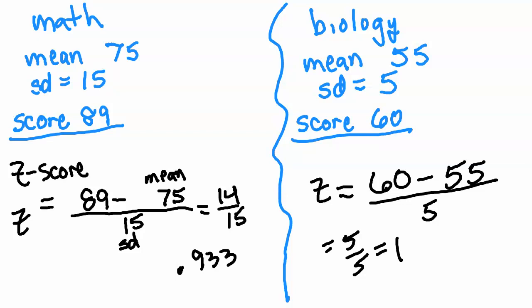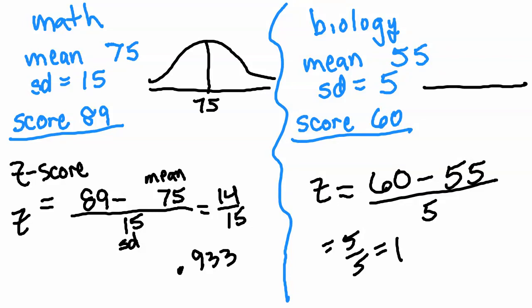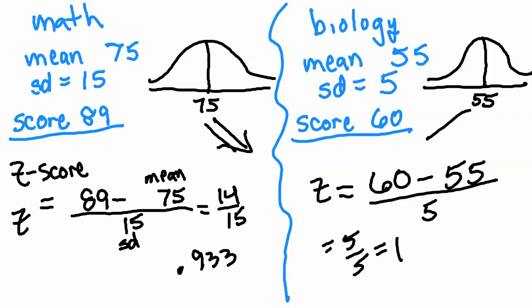All right, so we had two different normal curves. Here, the mean was 75, and here, the mean was 55. And what we're doing is we're translating this and this to the standard normal curve. So that would look like this.